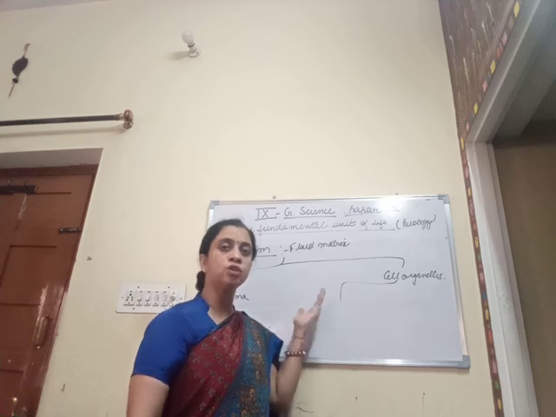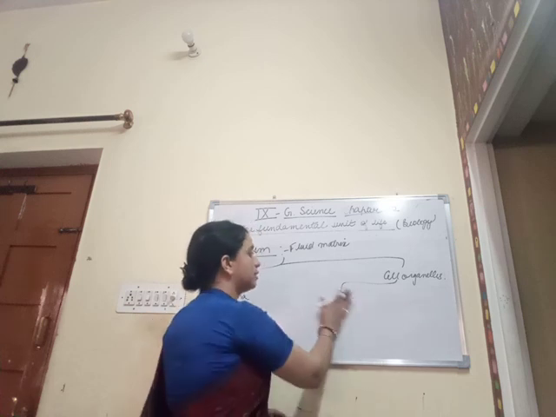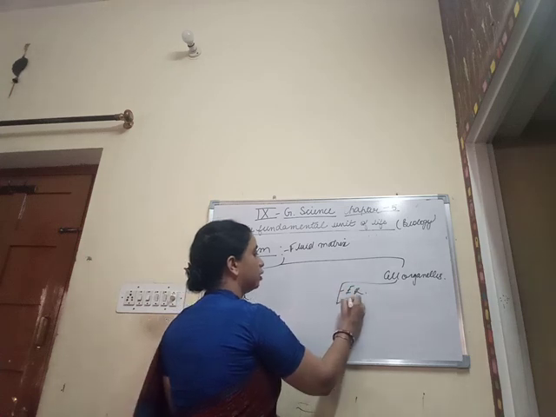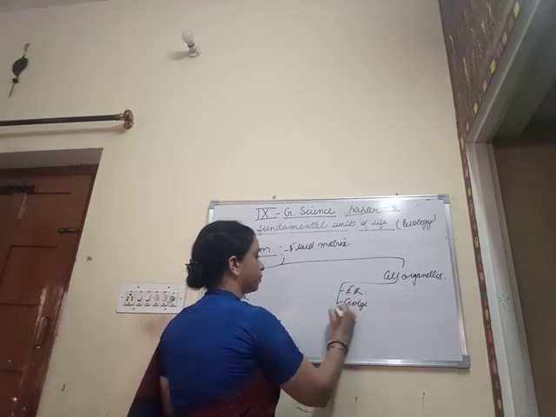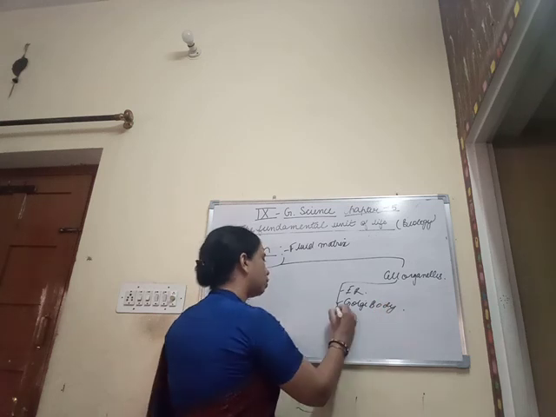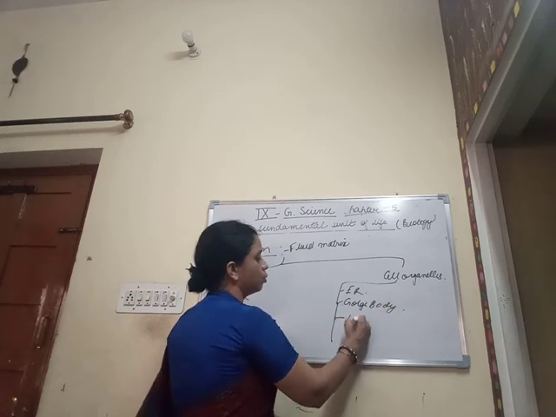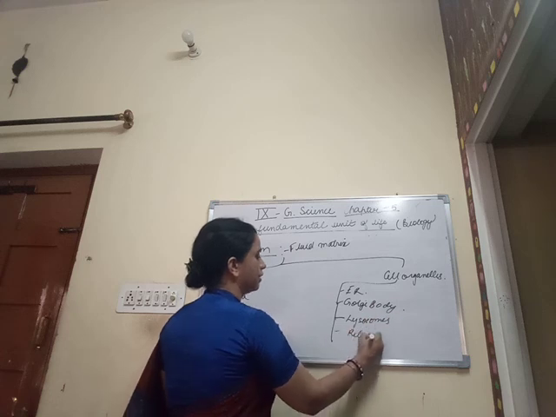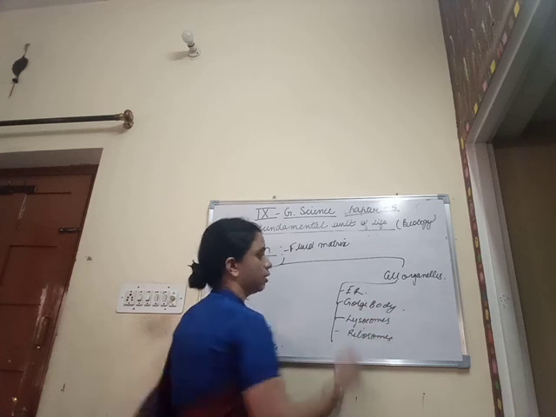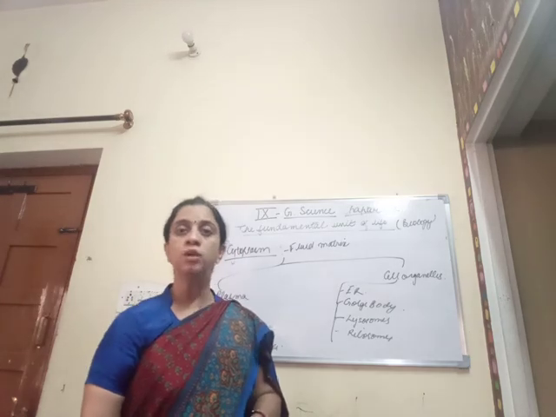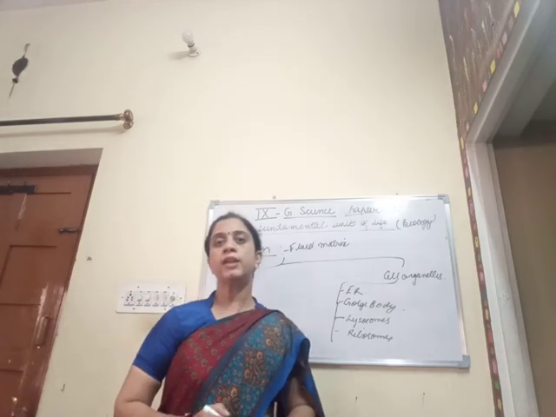Some examples of cell organelles are the endoplasmic reticulum, that is ER, the Golgi apparatus, or we can call it the Golgi body or the Golgi complex, lysosomes, ribosomes, etc. So these are the component parts of the cell which we are going to talk about in detail in our next video.